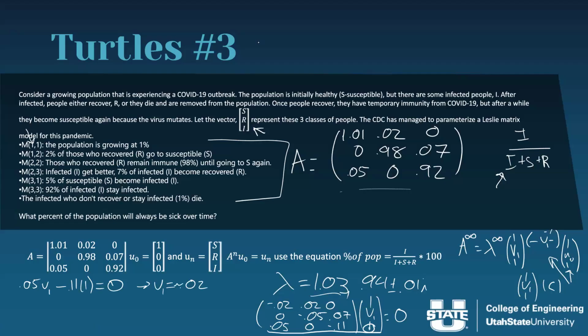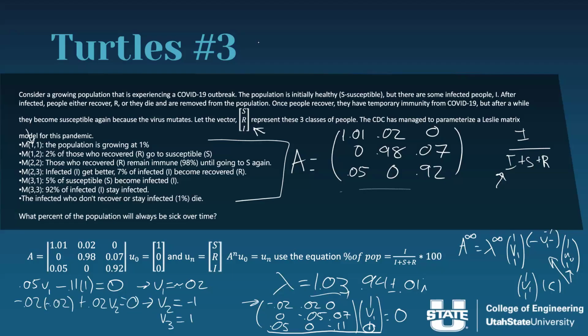Okay, so then I can move to my first row. I'm going to have negative 0.02 times 0.02-ish plus 0.02 times V2 equals 0, which means that V2 is going to be equal to, no, negative 1, more or less. And then I've already established that V3 is equal to 1. Okay, perfect.